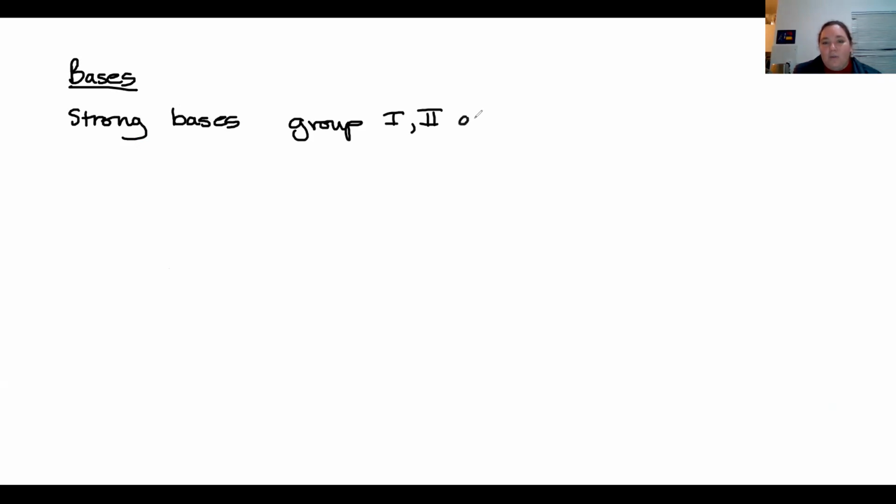Now I'm going to go through bases rather quickly, because bases have many properties that are very similar in terms of strong, weak, dilute, concentrated, etc., that we've already discussed in quite a lot of detail when we looked at acids. So our strong bases, we can assume that any strong base, or our strong bases, are group 1, 2, and 3, as in groups on your periodic table, metal hydroxides.